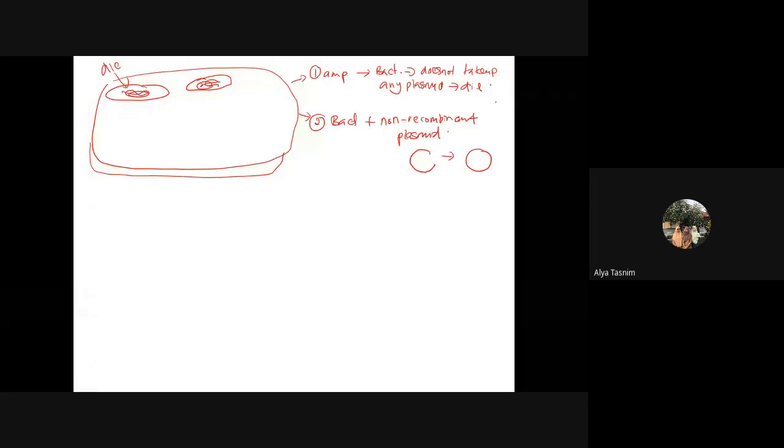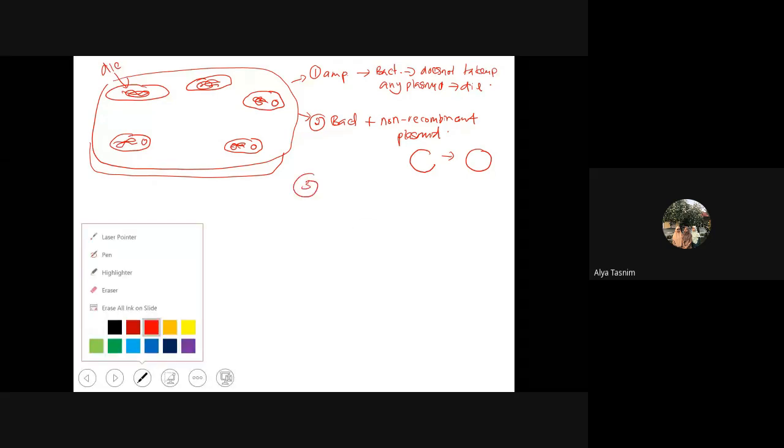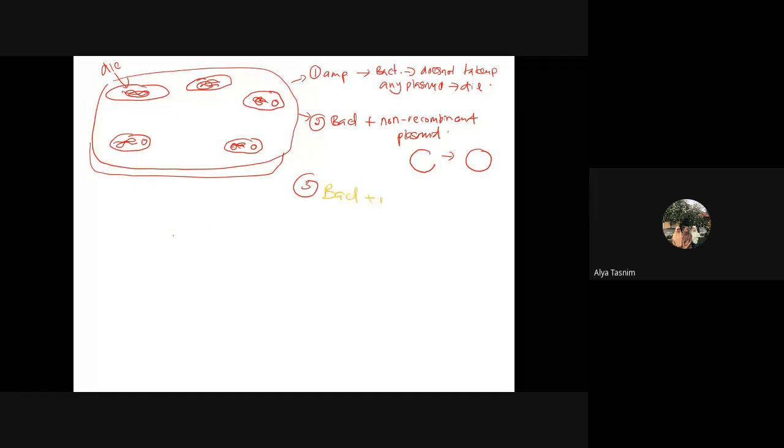Ini adalah bakteria yang macam ni. Dia ambil non-recombinant plasmid. Yang ketiga adalah yang saya buat warna oren ni lah. Okay. Bakteria yang ambil recombinant.